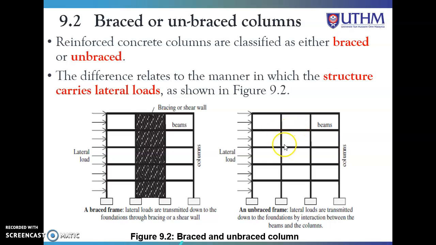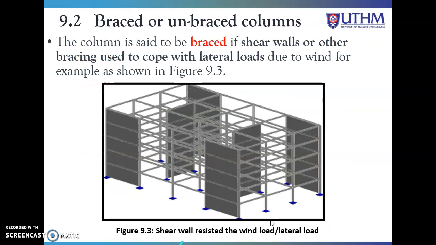Itu beza antara braced and unbraced column. The column is said to be braced if the shear wall or other bracing is used to cope with the lateral loads due to the wind. For this example, kita ada shear wall untuk resist the wind load or the lateral load.